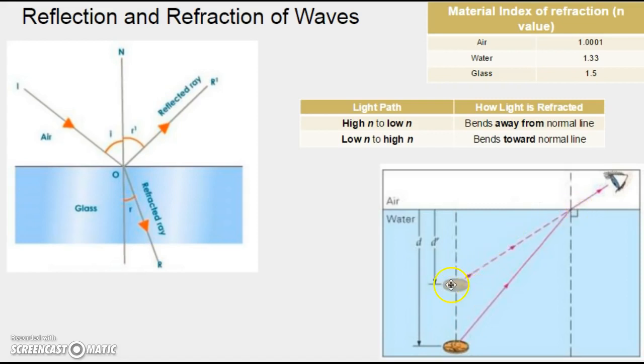So we're not actually able to see where objects actually are in water because of refraction, because of the refractive index. As light reflects off it, notice it goes from a high to low N value. It's going to bend away from the normal line. So notice it bends away from the normal line. Here's my normal line. We view the penny as if it's right here when it's really right here.